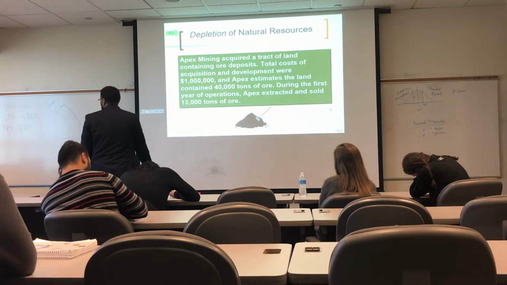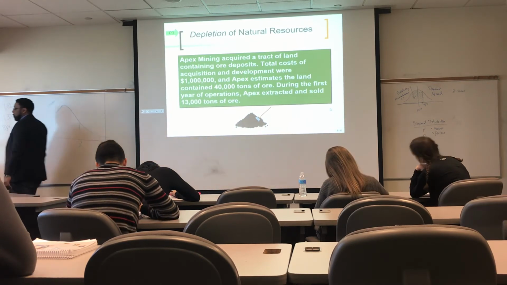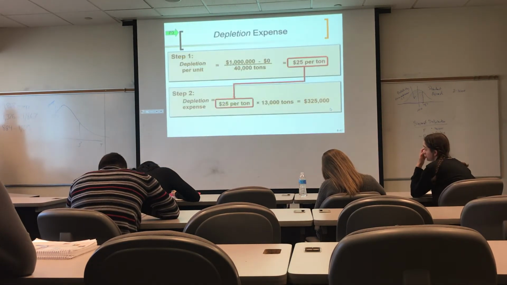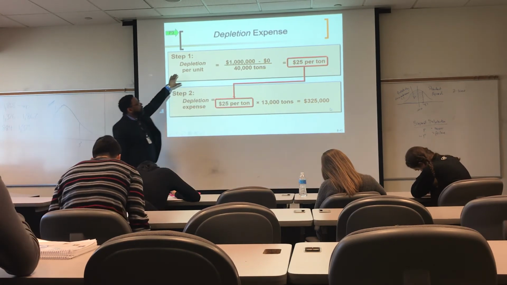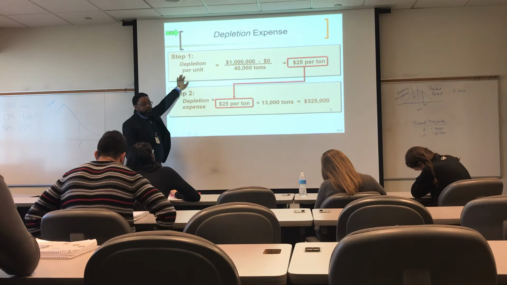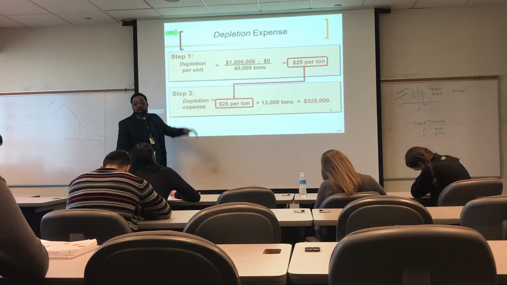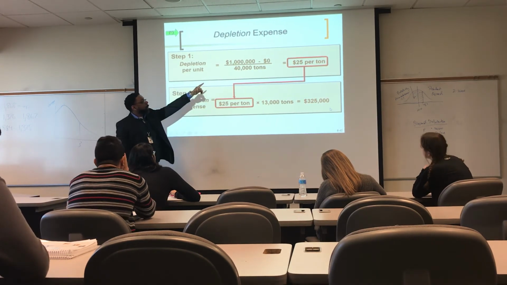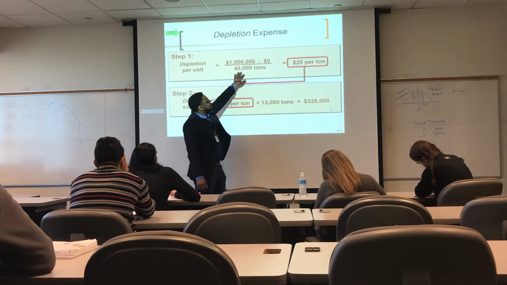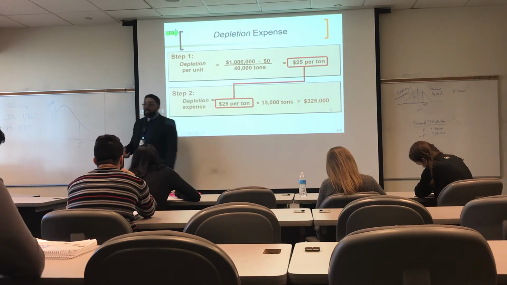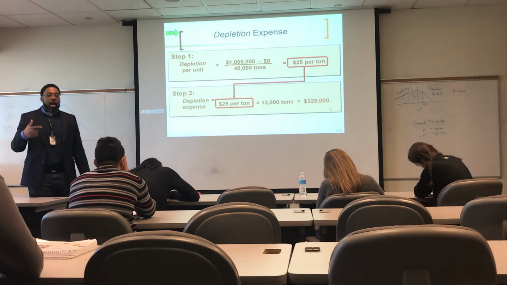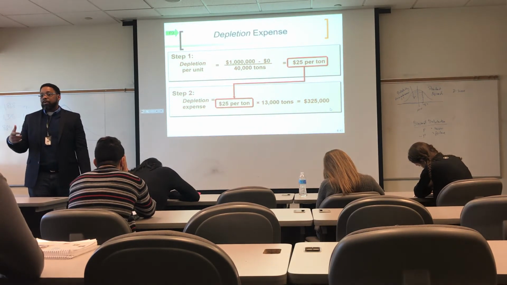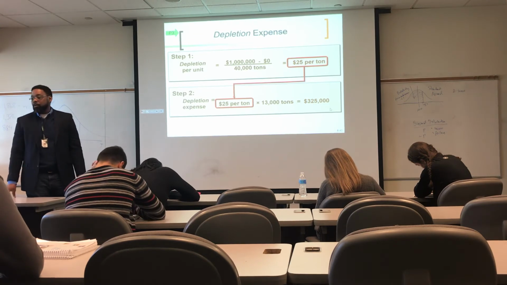Now, how we do depletion is the same way we do units of production. Remember I said depreciation per unit? Now it's depletion per unit. It's the same concept: cost minus the salvage value divided by how much production they believe they can get out of that natural resource.